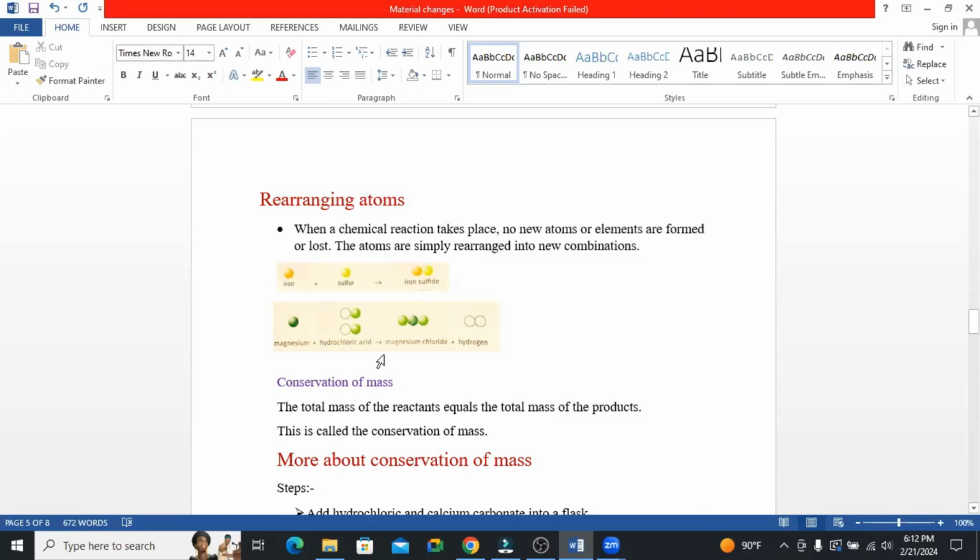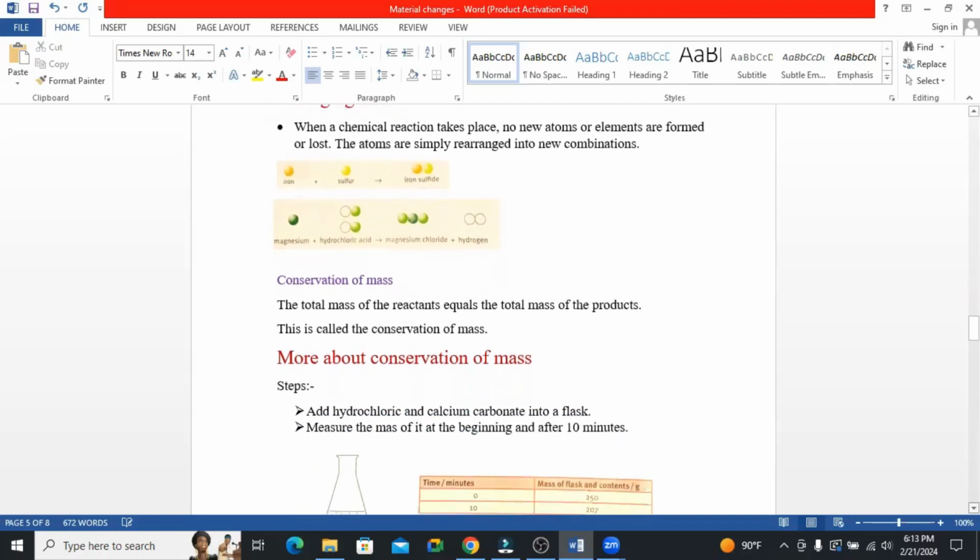In magnesium chloride, the magnesium atom and two chlorine atoms from the hydrochloric acid molecules are combining together. And here two oxygen atoms are combining together to form these products. That means the previous things have rearranged to form the new substance.